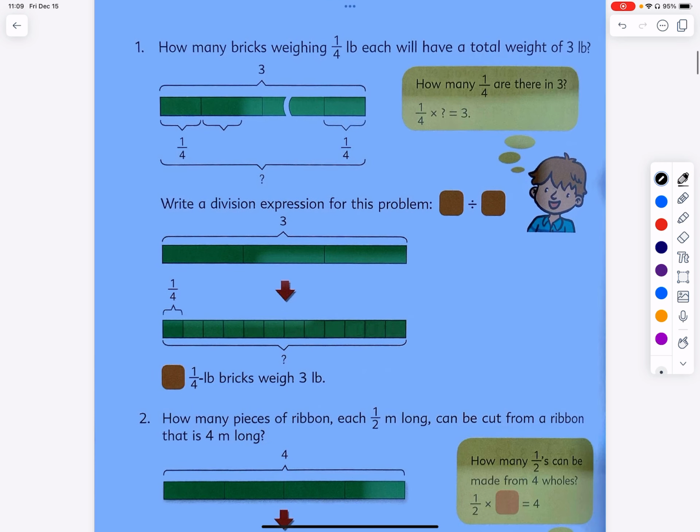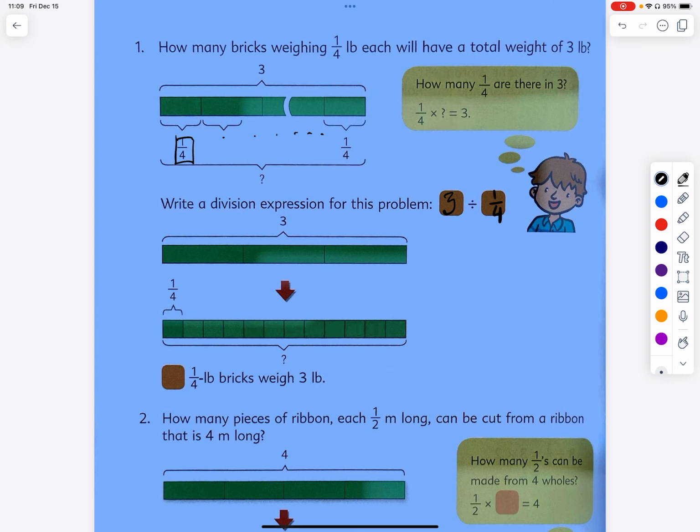Next word problem. How many bricks weighing 1/4 pound each will have a total weight of 3 pounds? In other words, how many times does 1/4 go into 3 pounds? Well, we would say 3 divided into quarters. And how many quarters will it give us?